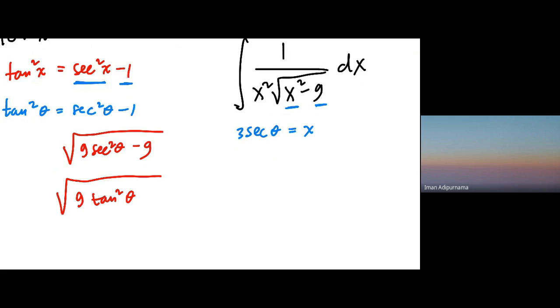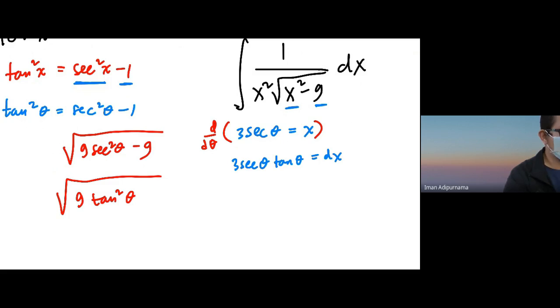So that's the idea. We need to remove the square root. The next part is we do the substitution method. We try to find the derivative, and somehow cancel the other elements. Derive this: it becomes 3 secant theta tangent theta, d theta. Oh, sorry, I forgot the d theta.